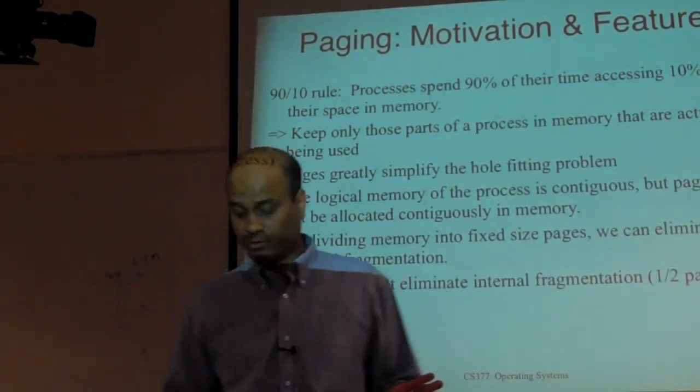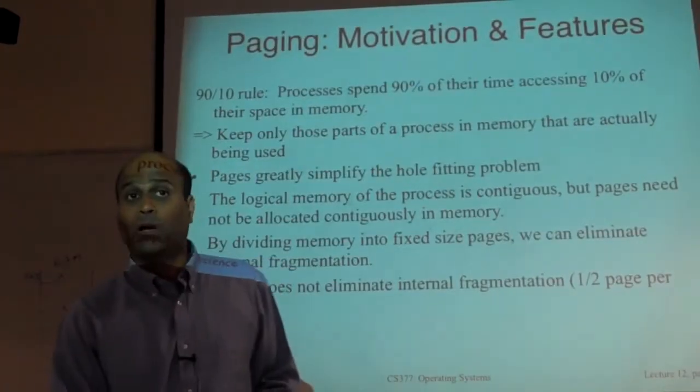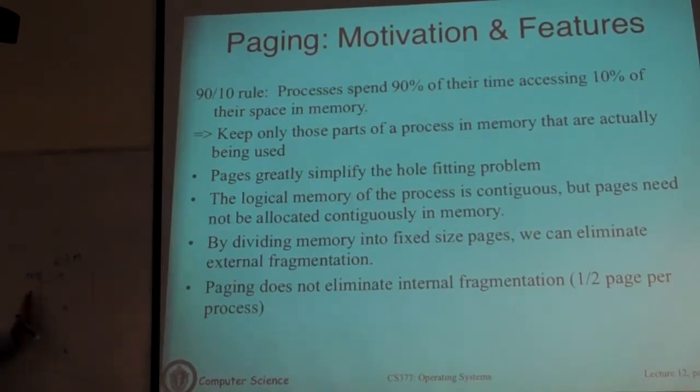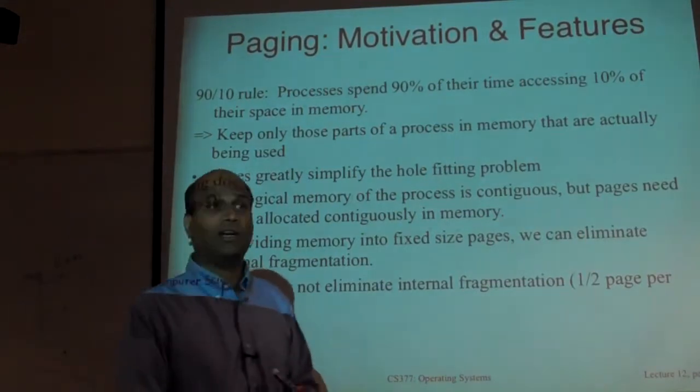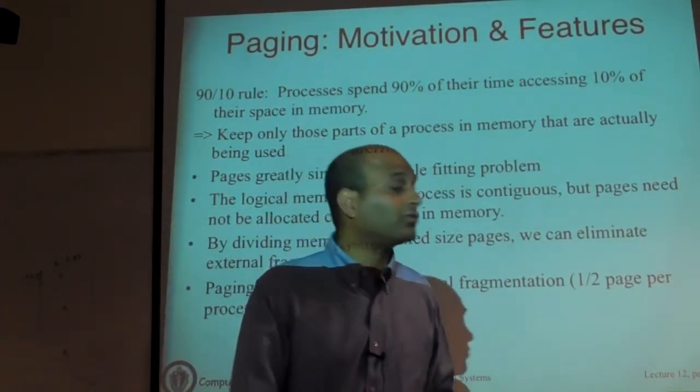Here it's spread out. By dividing memory into fixed size chunks, we have gotten rid of the problem of external fragmentation. No more external fragmentation, because any page can be allocated to any process. It doesn't matter where the process is residing, because we are going to come up with a technique that allows us to do this.